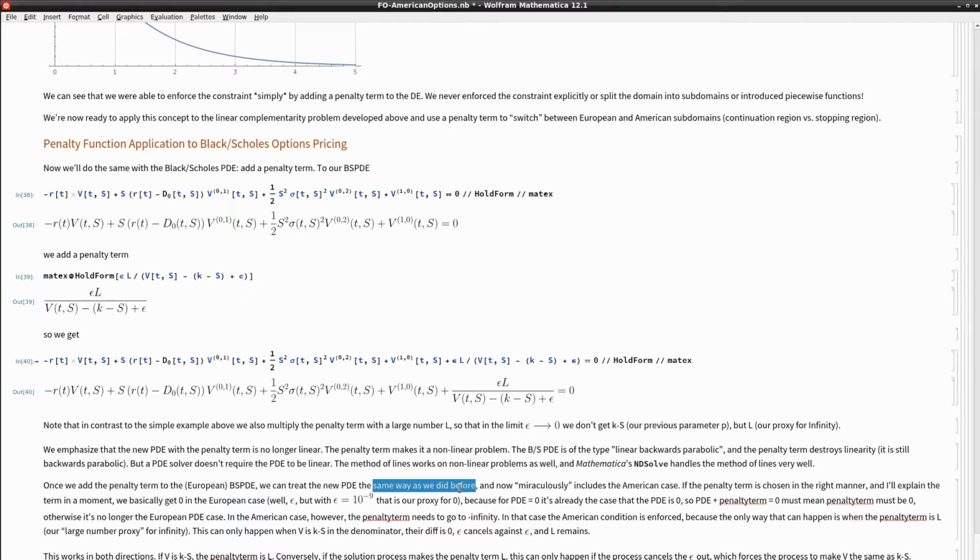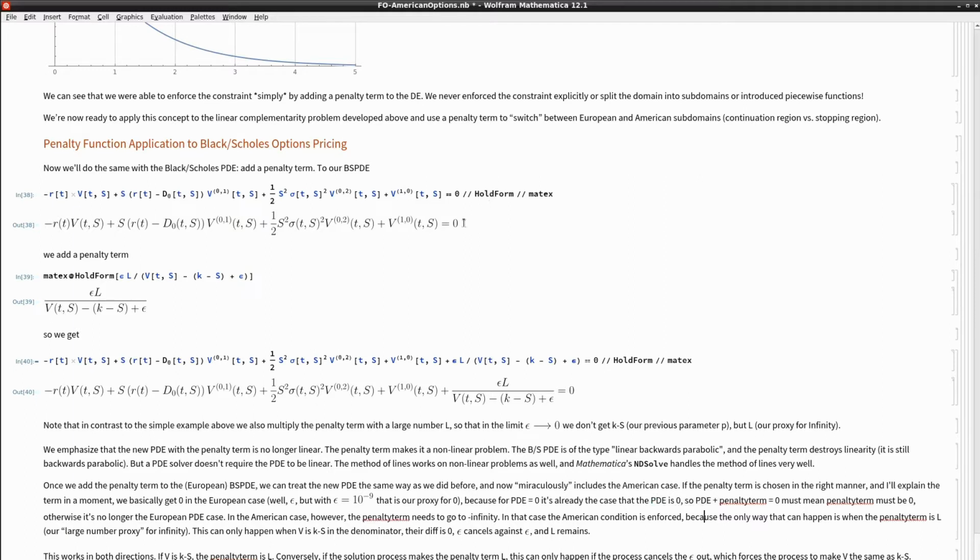That's important to realize. We miraculously include the American case in it. And if the penalty term is chosen in the right manner, and I've shown this up here, we'll basically get 0 in the European case, well, epsilon, but with a small epsilon, like 1 over a billion. This is our proxy for 0. Then we have PDE equals 0. That's already the case for the PDE in the European case, right?